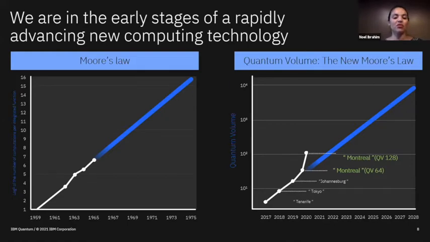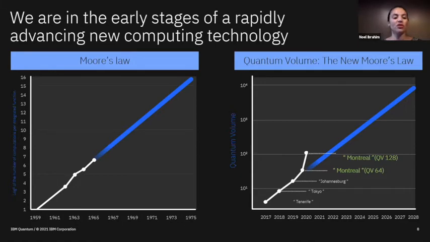Now, on devices that we expect to be available in the midterm, we expect these to be noisy intermediate scale quantum devices where errors will accumulate within the quantum volume. And that's why we use quantum volume to describe the power of the processors.